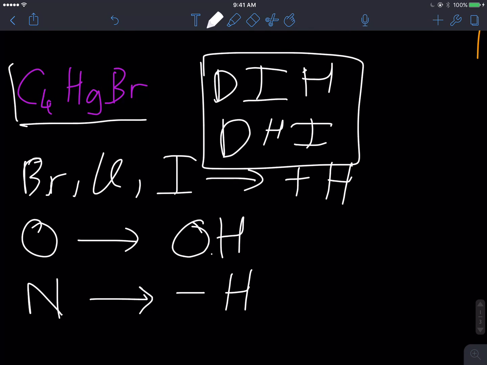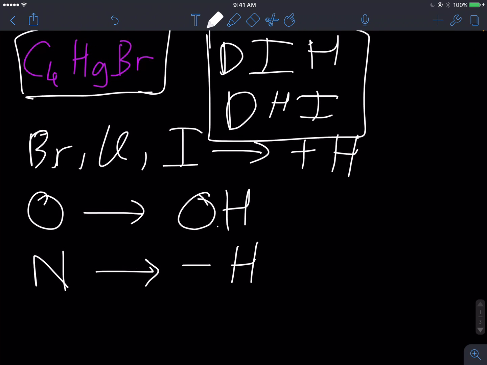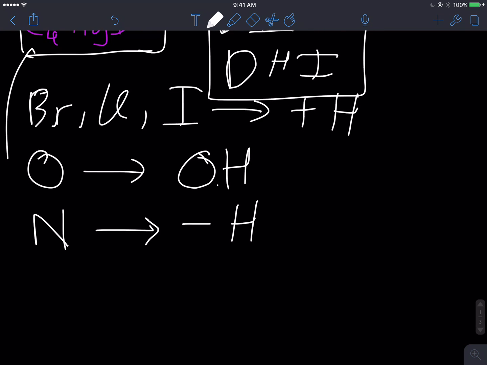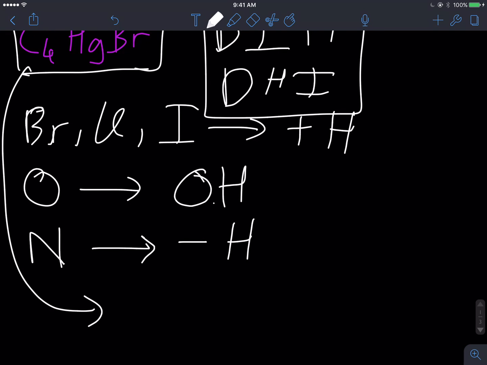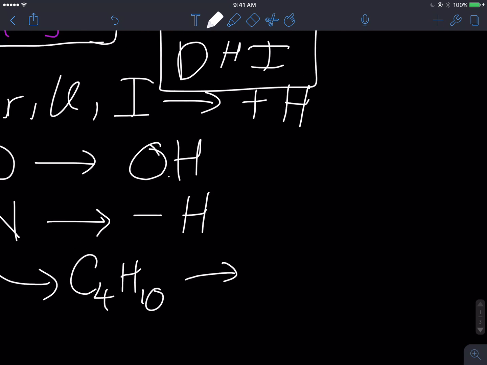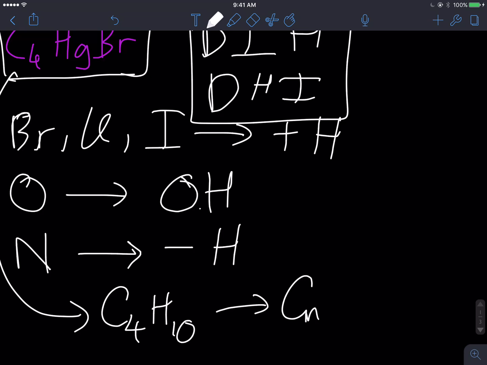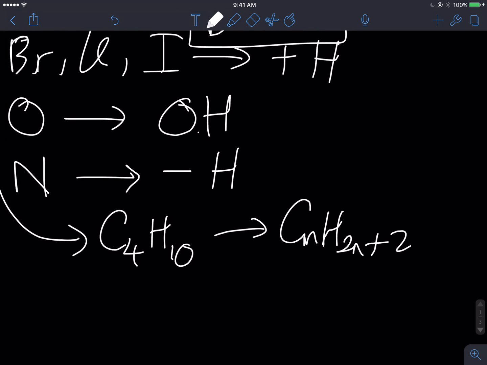So in this compound, you are going to transform it into C4H10, correct? Because the Br counts as one hydrogen. Compared with the actual form, which should be CnH2n+2, it's the same, right?